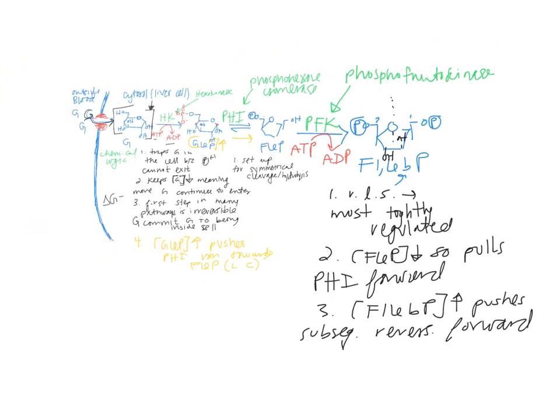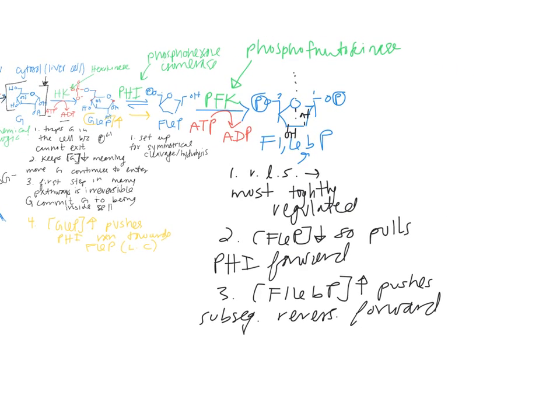And because it's the rate limiting step, this is the step that commits the molecules to glycolysis. Whereas the first irreversible step committed glucose to being in the cell, F6P to F16BP commits the molecules to undergoing glycolysis.